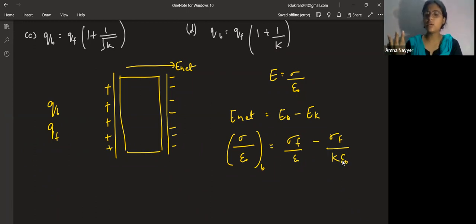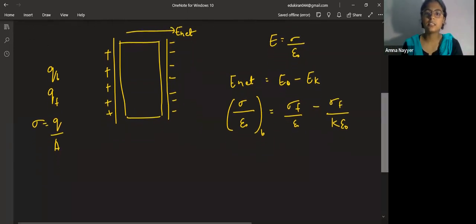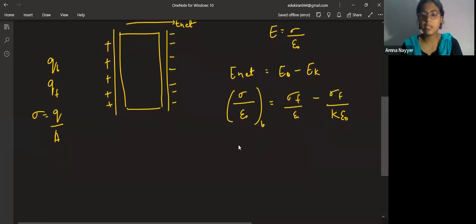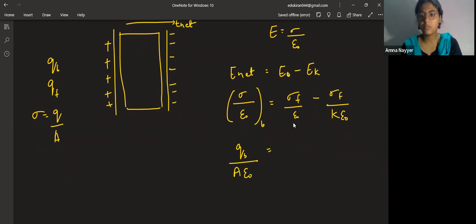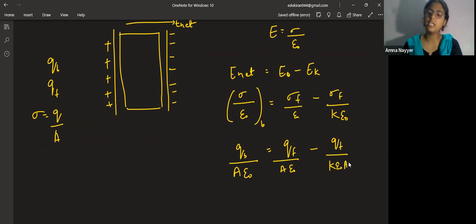So epsilon naught will get cancelled, but before we cancel it, sigma is equal to charge divided by area. Now, area for B and F, we don't have to write bound and free. Area is one single that we have to write, right? So sigma will be bound charge by area epsilon naught equal to free charge by area epsilon naught minus free charge by K epsilon naught into area.